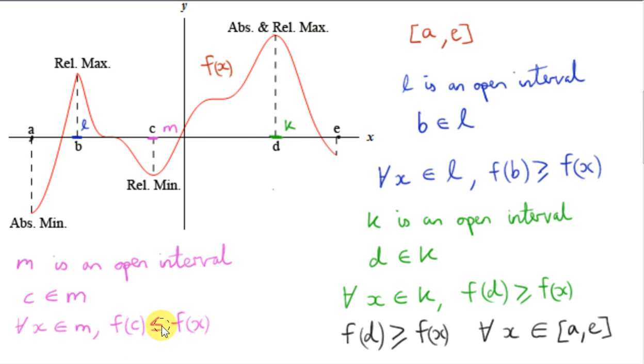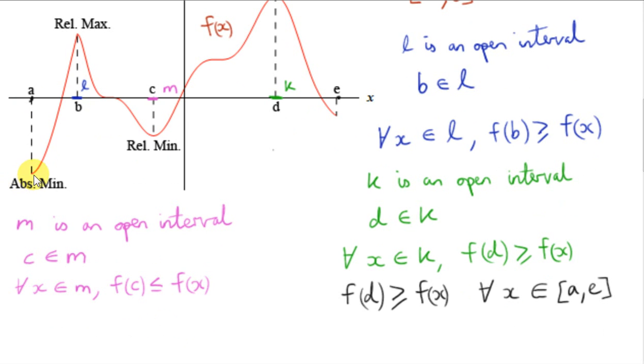But in general, f of c has to be less than or equal to f of x. At the point A, we have what's called an absolute minimum of f of x. So that means that f of a is less than or equal to f of x for all x over which the function is defined, for all x an element of the closed interval a to e.